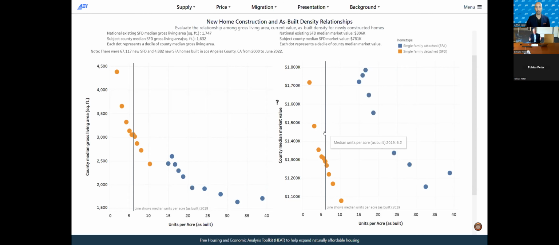And so if you were to increase that from 6.2 units to something like 9 or 10 units, if you were to increase it to 9 units, you get about 50% more units, and the price of those units would go down from 1.3 million to about 1.15 million. Not significant, but not a huge difference. But the point being, you then get a lot more units.